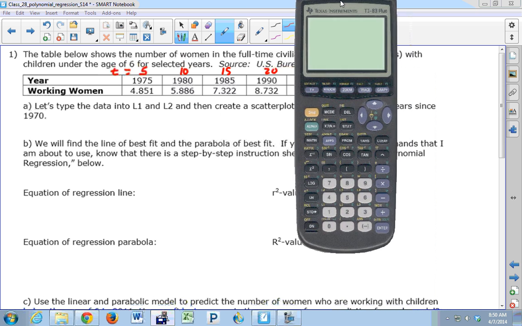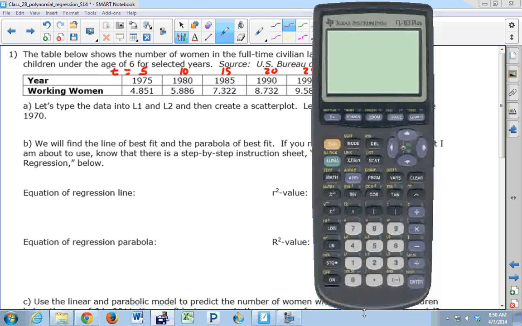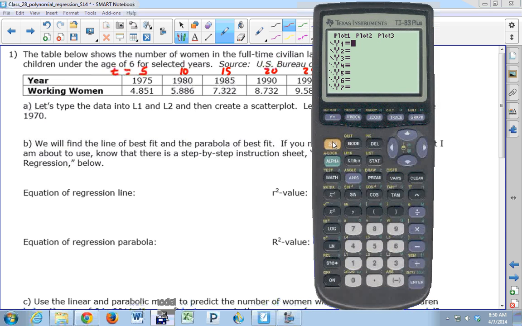So to remind you how to do the lists, first we turn on our calculators and clear everything out. So we go to the stat button, S-T-A-T, and we hit stat. We hit number 1 for edit, and we're going to edit our list.